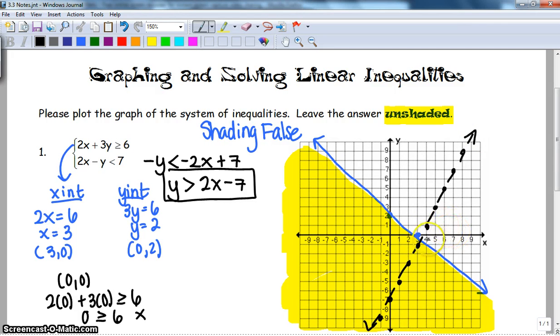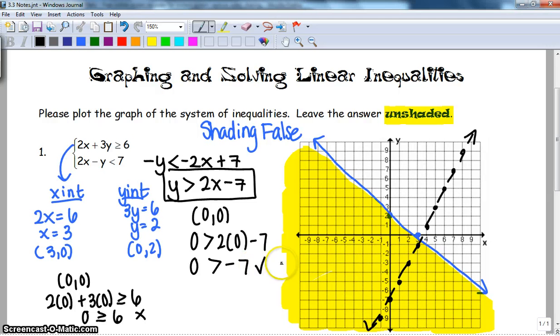And we will do a test point again. (0, 0) looks good. You can plug it into either the standard form or your slope-intercept form. It's up to you. So if I do (0, 0), I'll just plug it into this one here. 0 is greater than -7.